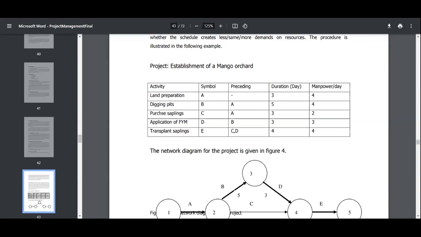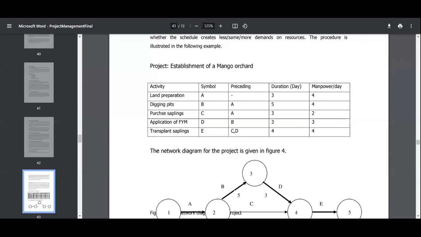Now the next activity, breaking and application, the symbol is D, and D depends on B. Until B's work is complete, we do not start the work, and the duration required is 3 days and manpower is also 3. Then transplant sampling: after A, B, C, D work, E starts and E depends on C and D. Until C's work is done it will not start, and until D's work is done it will not start.